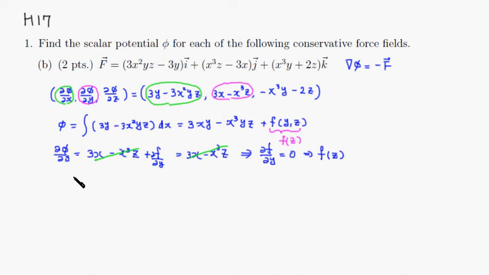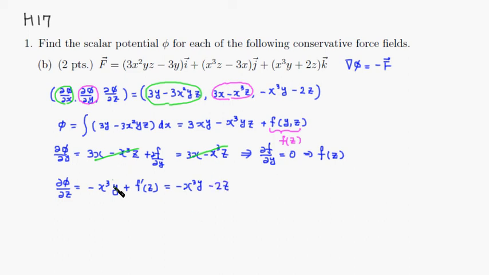Then we take the partial of phi with respect to z. The partial of the first term is 0, the partial of the second term is negative x cubed y, plus the derivative of f with respect to z. And this is going to be equal to negative x cubed y minus 2z.